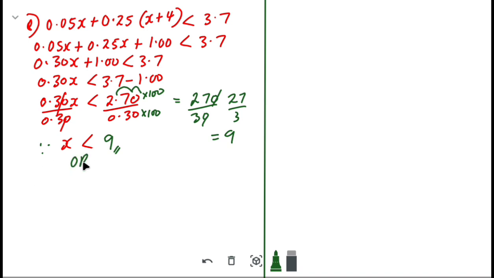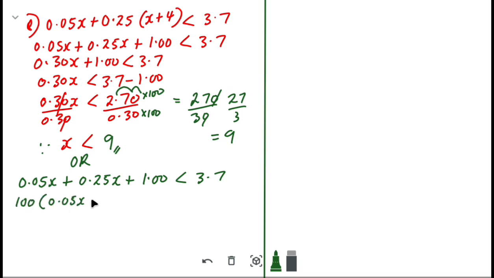So let's go. We can say 0.05x plus 0.25x plus 1.00 less than 3.7. So if you multiply both sides by 100, we're going to be having 0.05x plus 0.25x plus 1.00, close the bracket, less than 3.7 times 100.